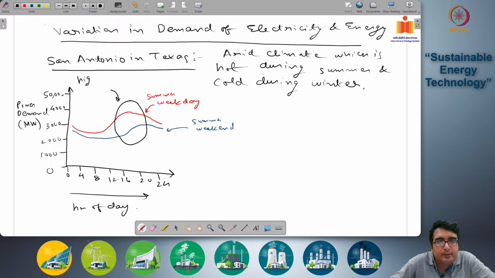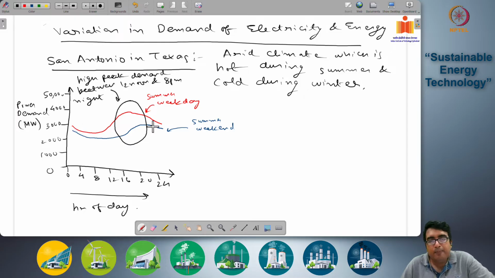High peak demand between 12 noon and 8 p.m. at night.